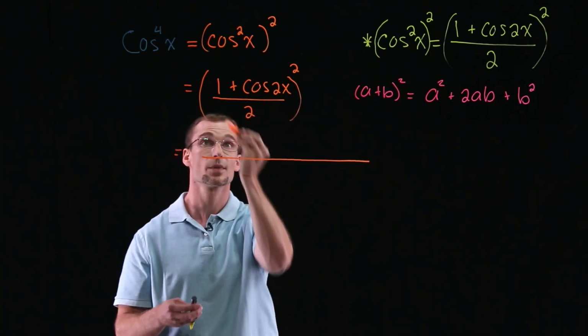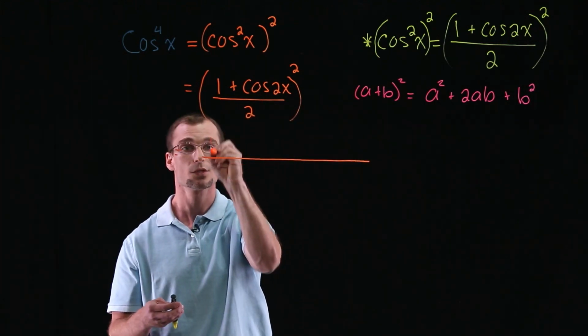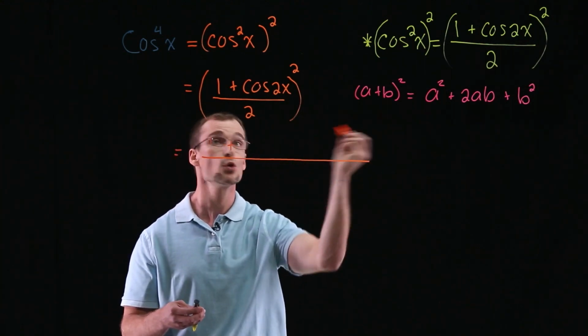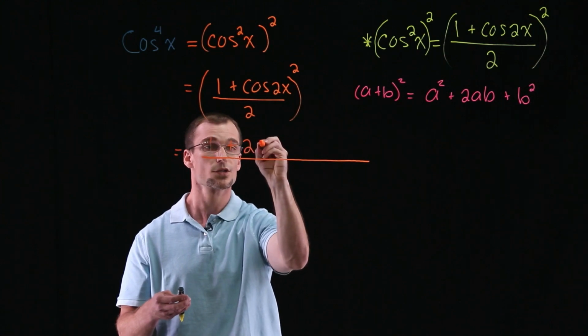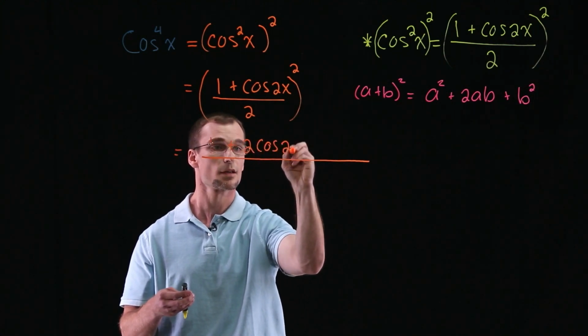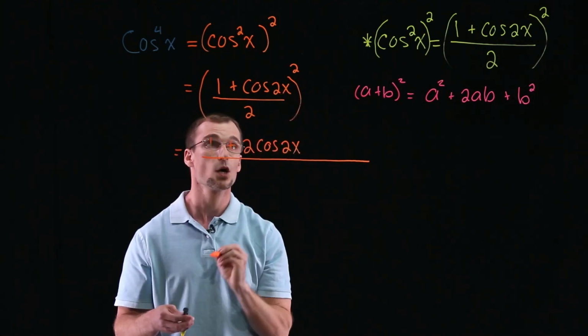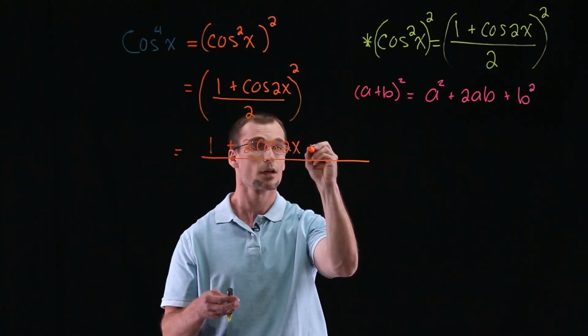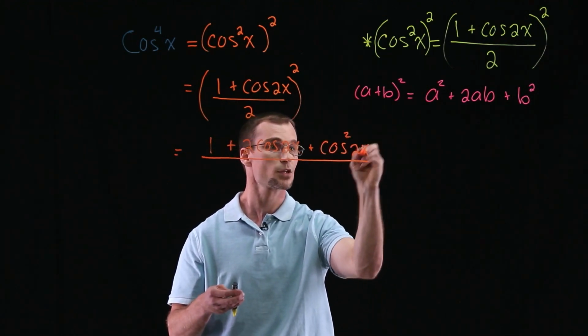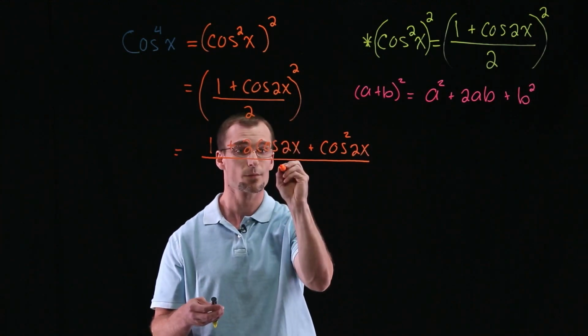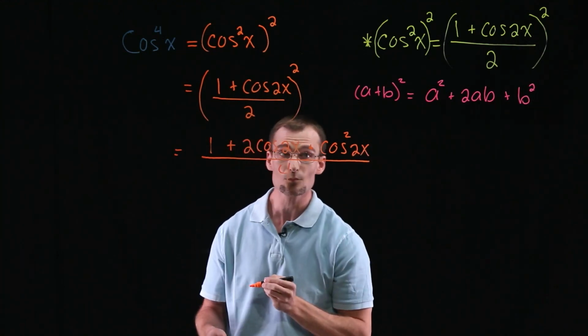So our numerator is going to be a, or 1 squared, which is 1, plus 2ab, or 2 times 1 times cosine 2x, or just 2 cosine 2x, plus cosine 2x squared, and all divided by 2 squared, which is 4.